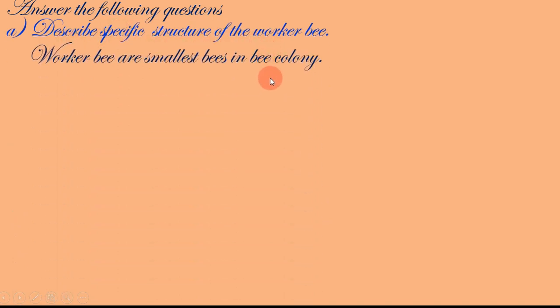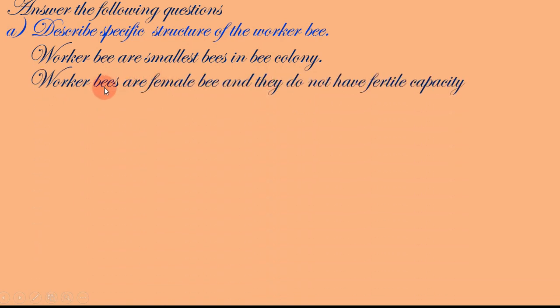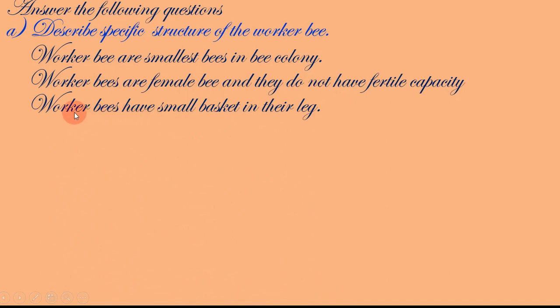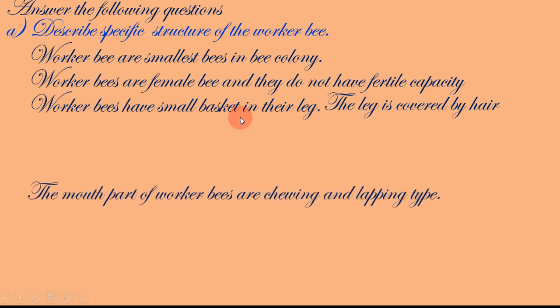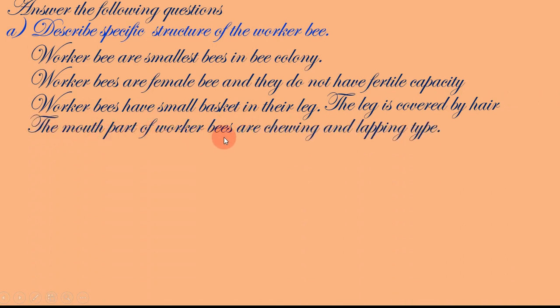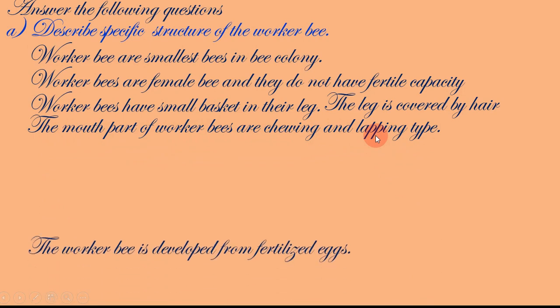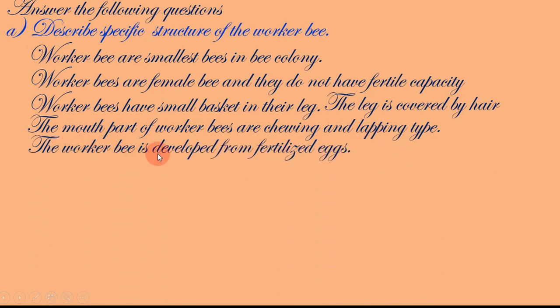Worker bees are the smallest bees in the bee colony, and worker bees are female bees and they do not have fertile capacity. Worker bees have a small basket on their leg, and the leg is covered by hair, and the mouth parts of the worker bees are of chewing and lapping type. And the worker bee is developed from a fertilized egg.